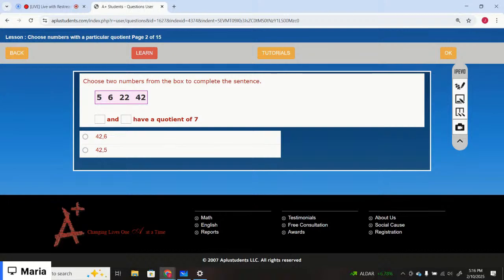Choose two numbers from the box to complete the sentence. Which two numbers have the quotient of 7?